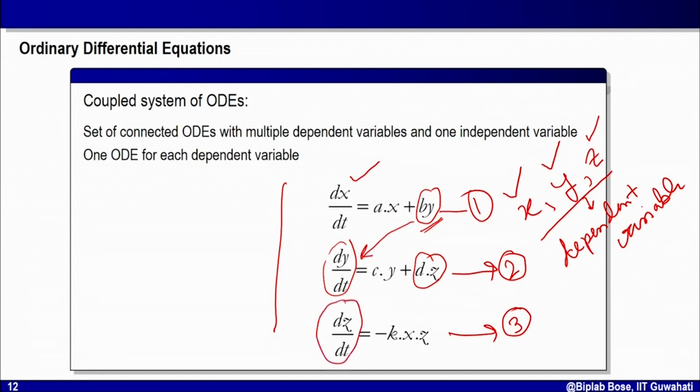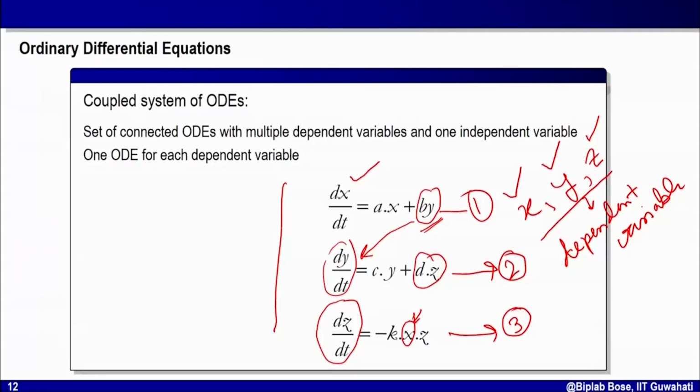Whereas dz dt also has x, that means I have to know x to know dz dt. So x, y and z are changing with time and their values depend upon each other. This type of system or set of ODEs is called a coupled system of ODEs. In most of the biological problems that we will deal with, we will have coupled systems of ODEs.